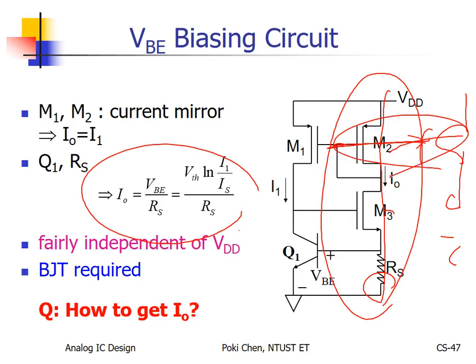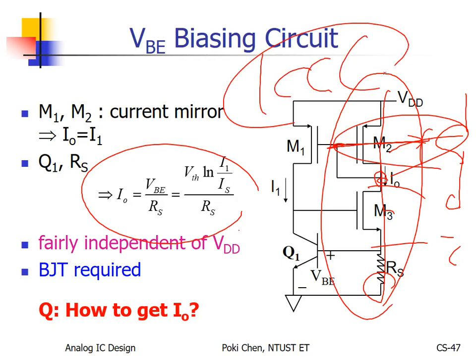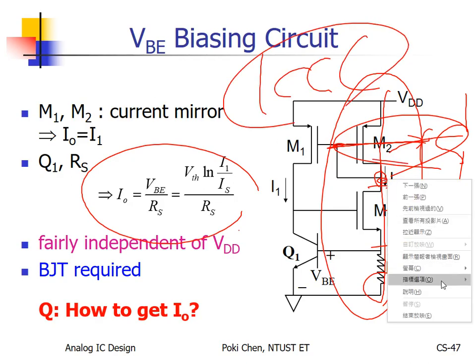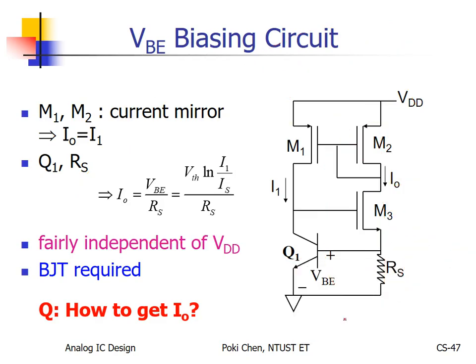copy the current out. But many new engineers or new students would like to tap out from here, from there. No. According to KCL, if you tap out something here, over there, the equations will be destroyed. They won't be valid at all.